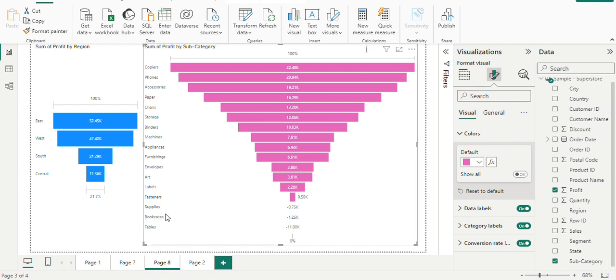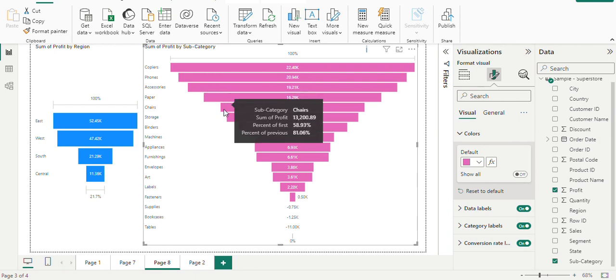Okay, so what does this data mean? If you look at sum of profit by region, it just shows the regions. Now we have subcategories: copiers, phones, accessories, and so on.